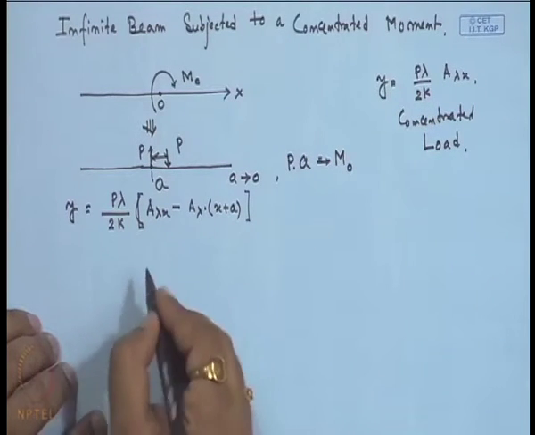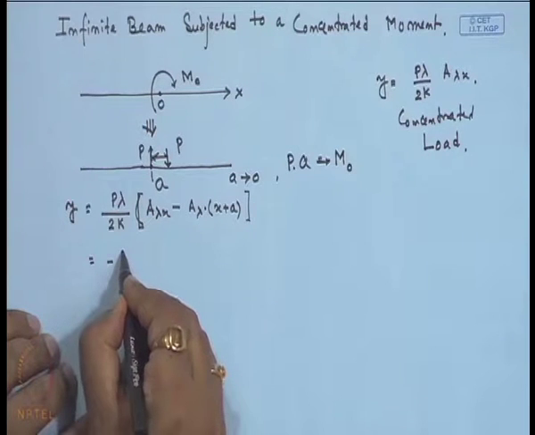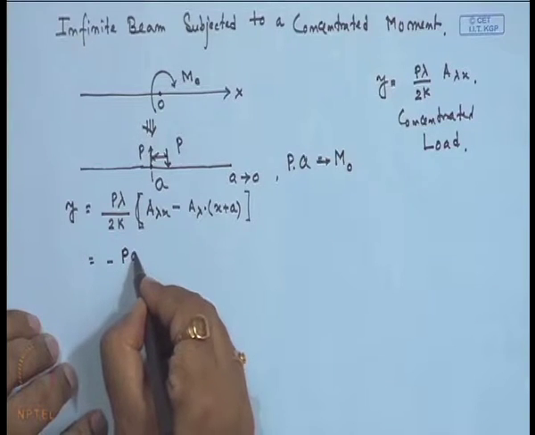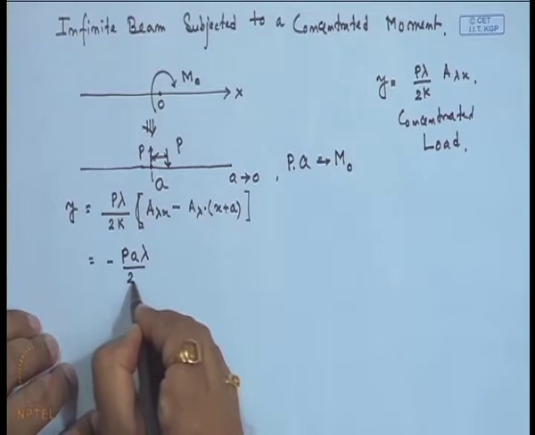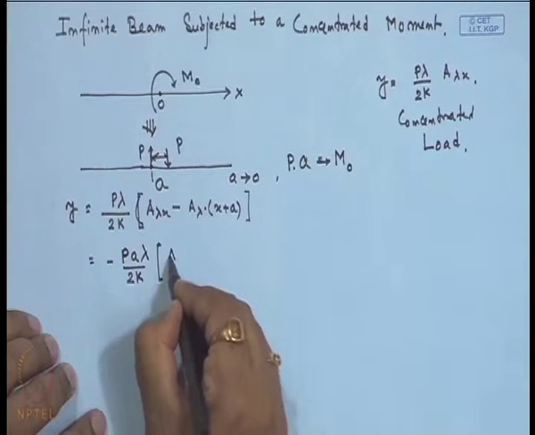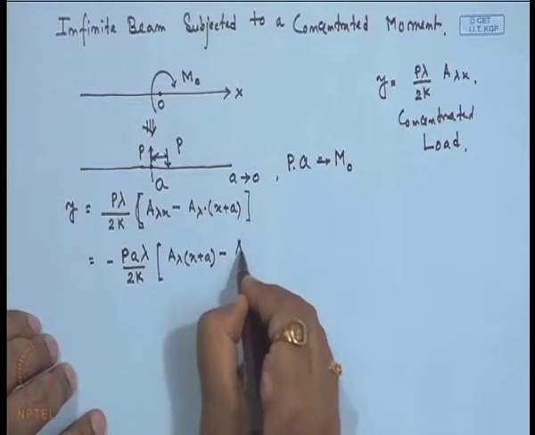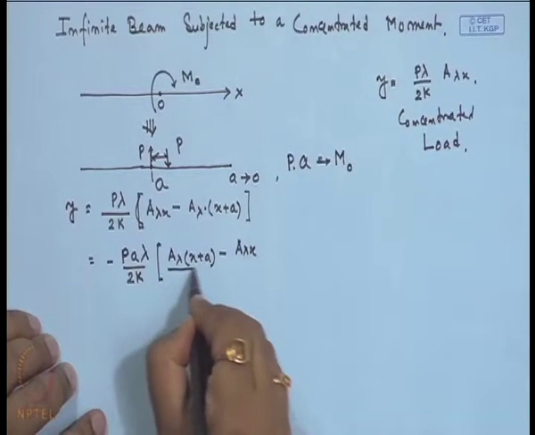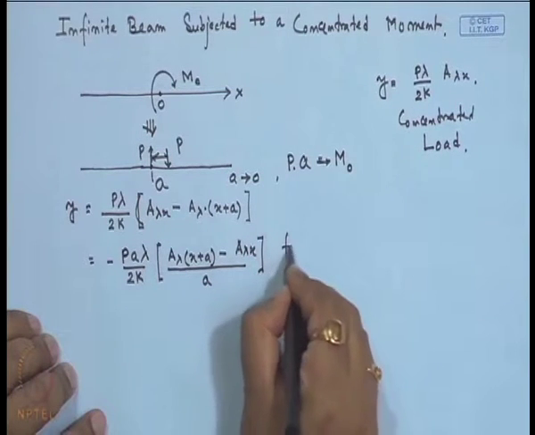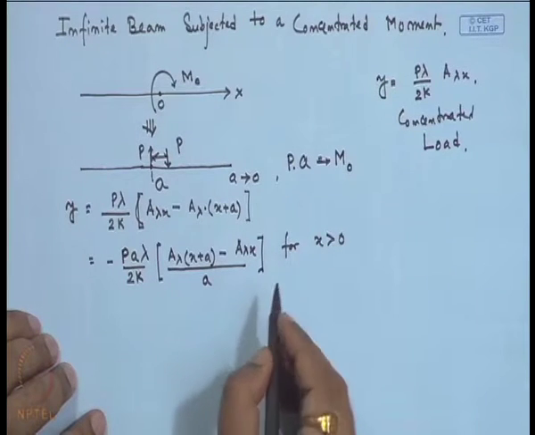Now, similarly, the expression will be minus P a lambda divided by 2k, and then we can write A lambda x plus a minus A lambda x, divided by a, for x greater than 0.